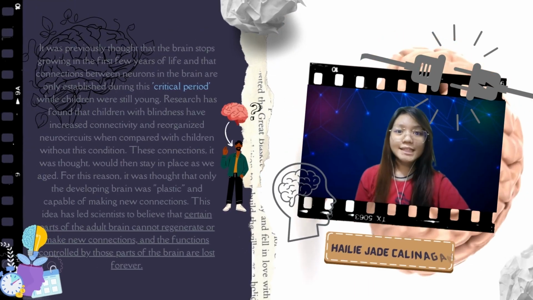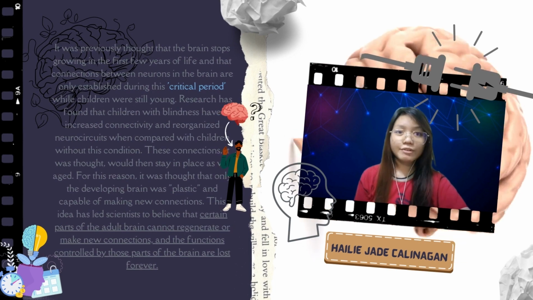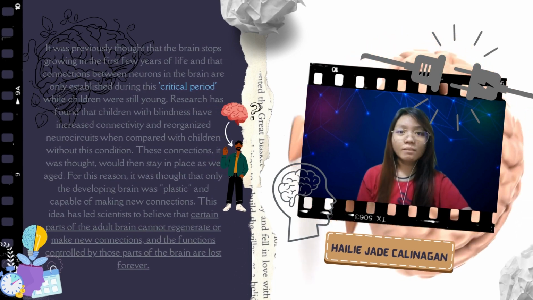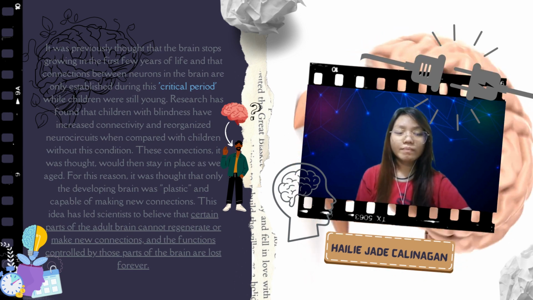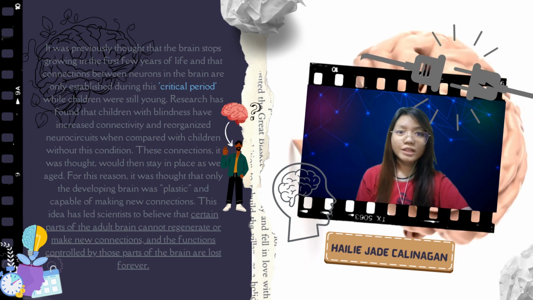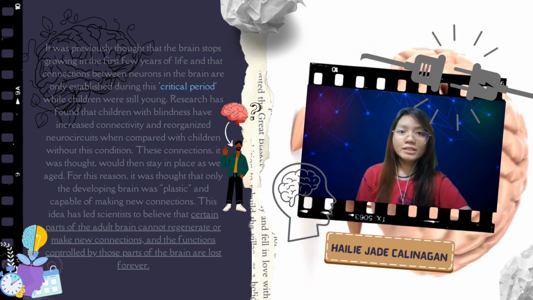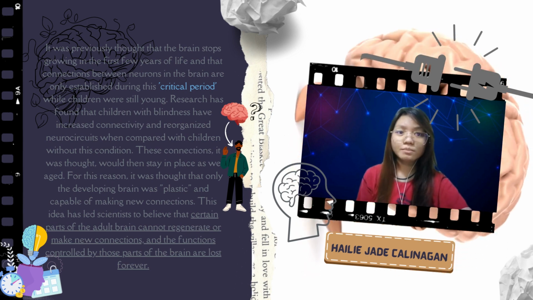It was previously thought that the brain stops growing in the first few years of life and that connections between neurons in the brain are only established during this critical period while children were still young. Research has found that children with blindness have increased connectivity and reorganized neurocircuits when compared with children without this condition.